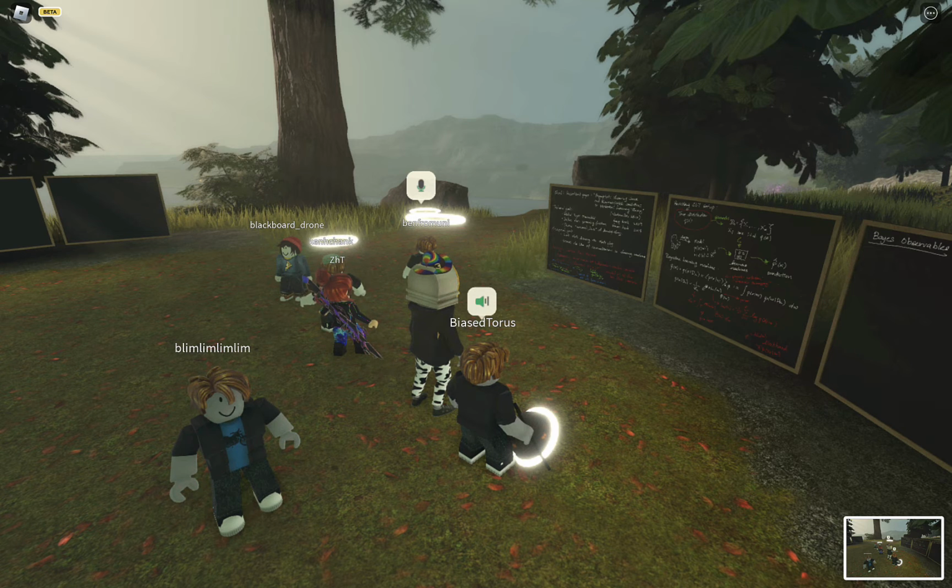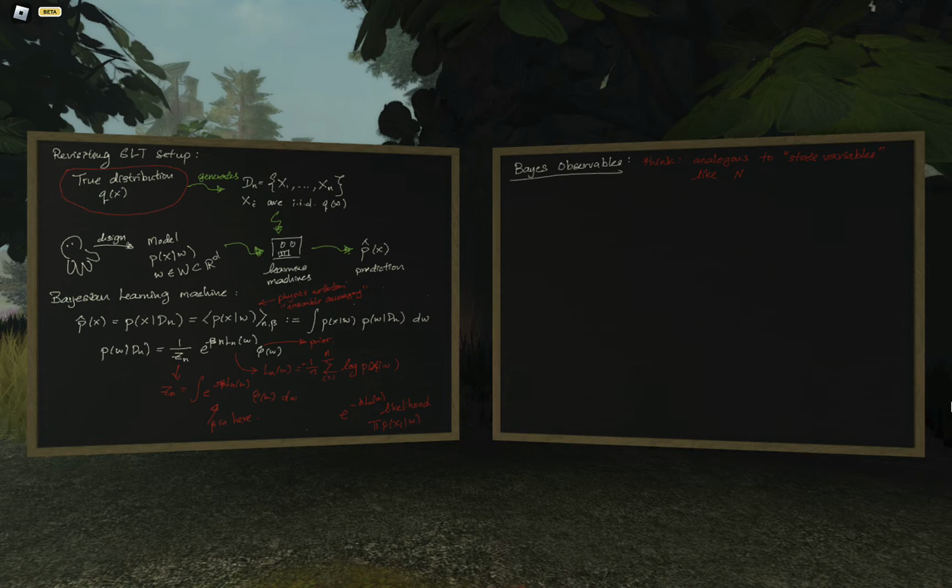Right. So in the next board, we want to define Bayes observables, and the term observable is analogous to the observables in quantum mechanics. Statistical physics also has the term state variables, analogous to that, like the number of particles, the volume, internal energy, entropy, etc. I'm writing all extensive state variables here.